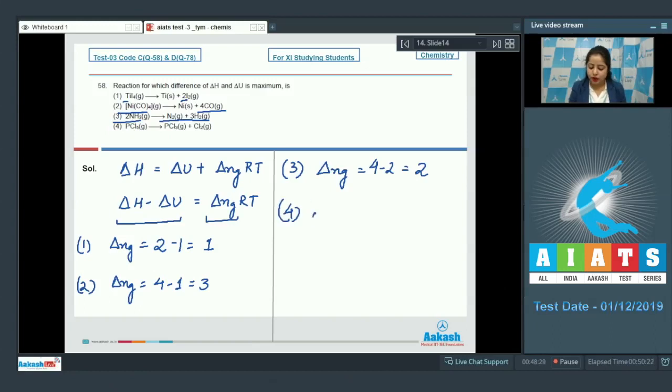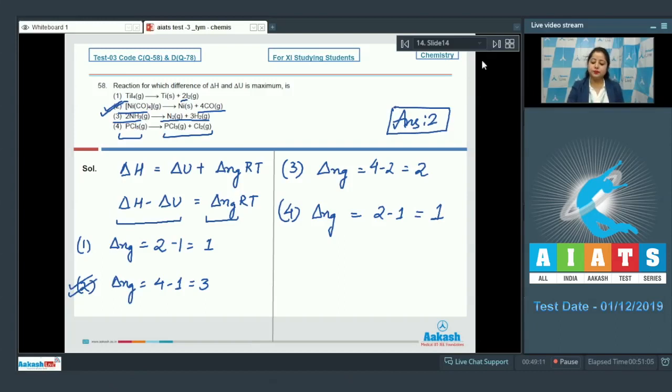Moving to the last option, delta Ng is equal to 2 minus 1, which is equal to 1. So it is very clear that the highest positive value of delta Ng is in option number 2. That means the difference of delta H and delta U is maximum in the second reaction, so the correct answer is option number 2.